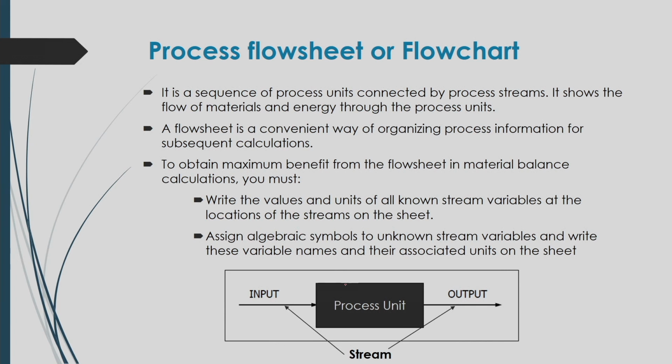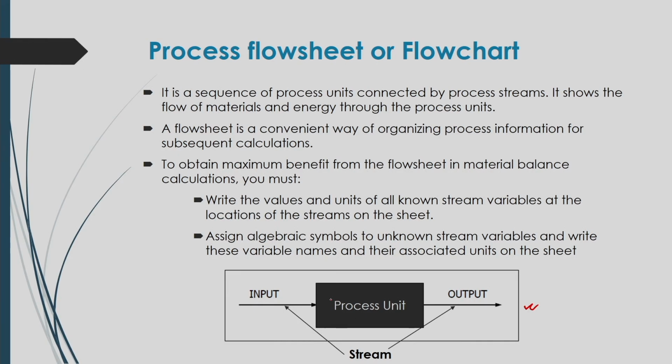Like here you will see process units shown in this slide, like mixer, divider, reactor, condenser, evaporator or separator, different types of process units. You have to express each process unit as a block diagram like this, and this is called a flow sheet.